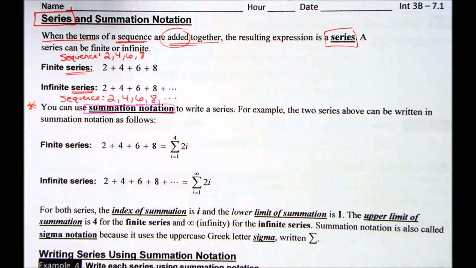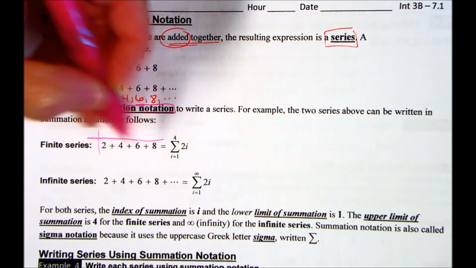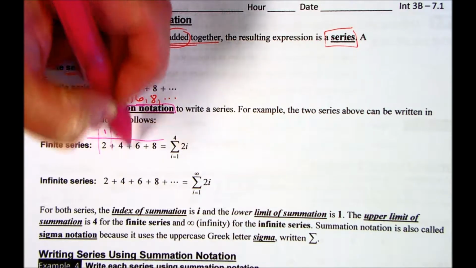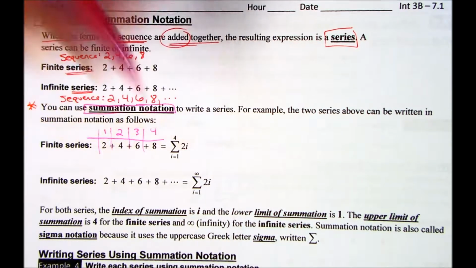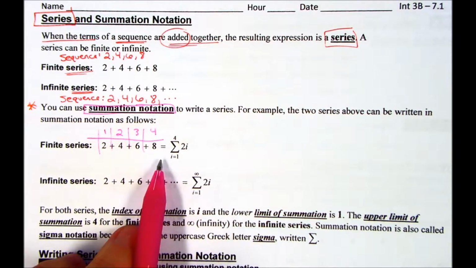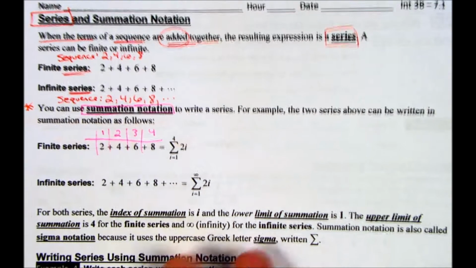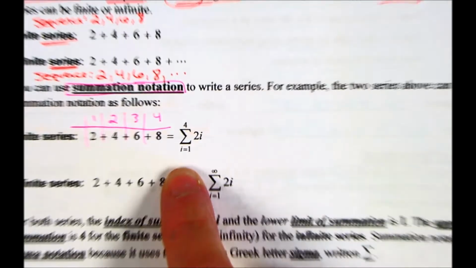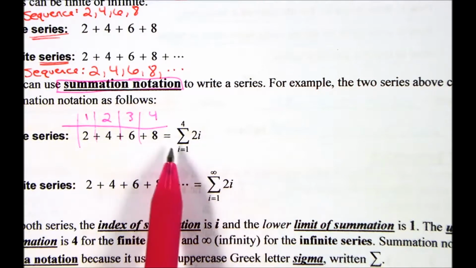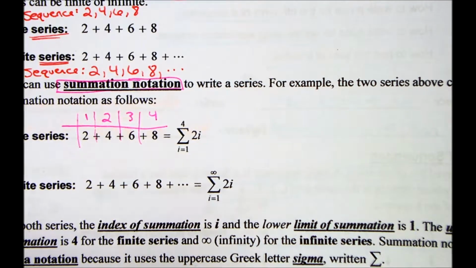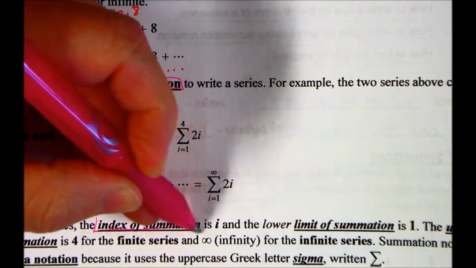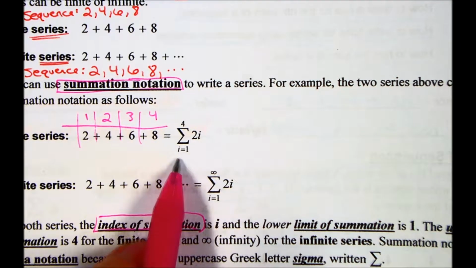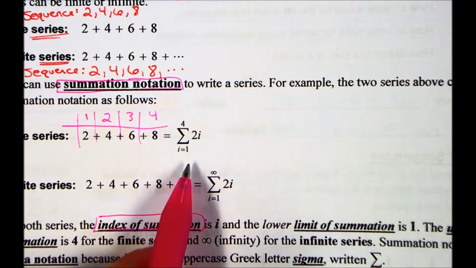Notice that this is basically the first number in the sequence, the second number, the third number, and the fourth number added together. There's a tiny i on the bottom. That i is what we call the index. So the index of the summation is i, and i just represents what order or what number in the sequence it is.